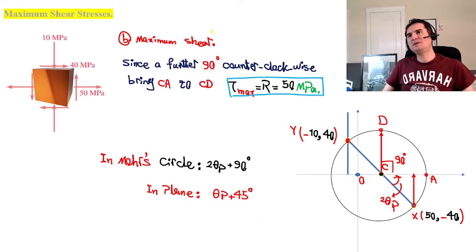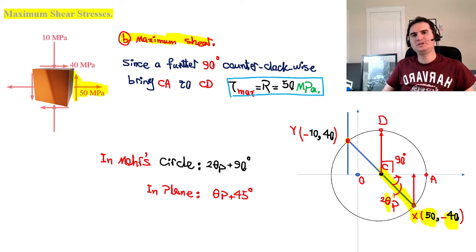And at the same time, if you want to calculate the maximum shear, if you look at the Mohr circle, this is the original plane of X with 50 normal and negative 40 shear.